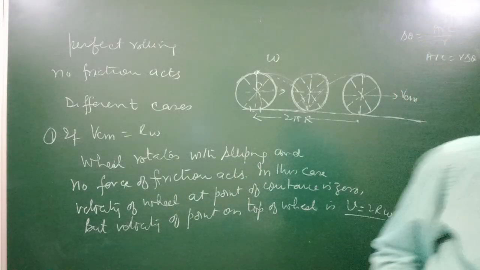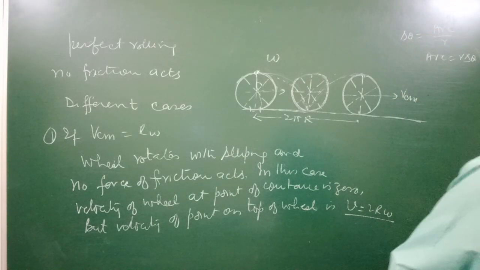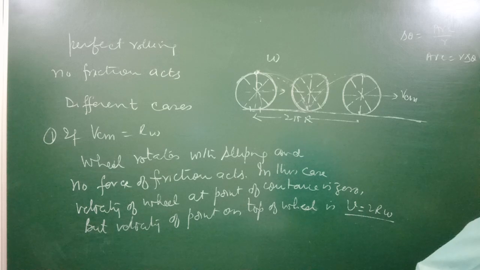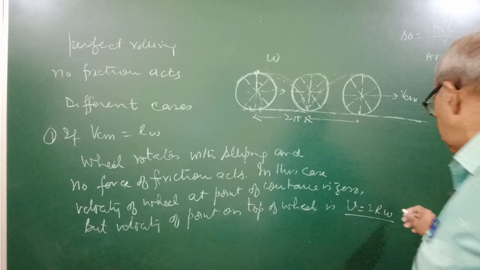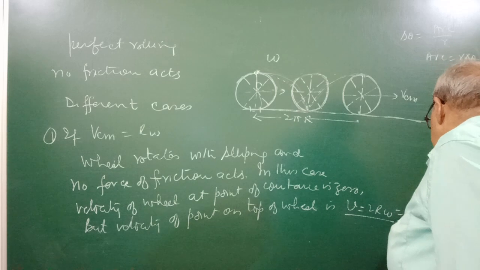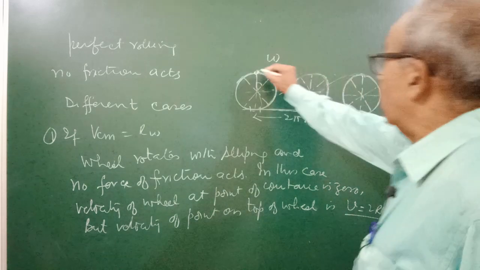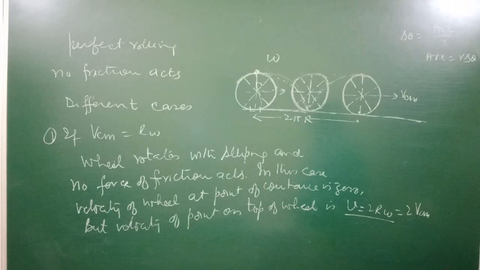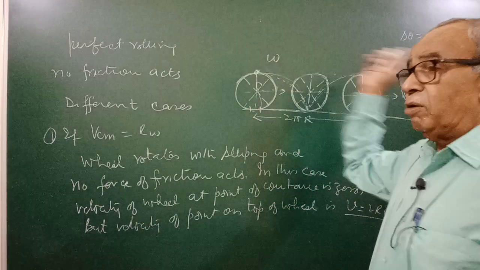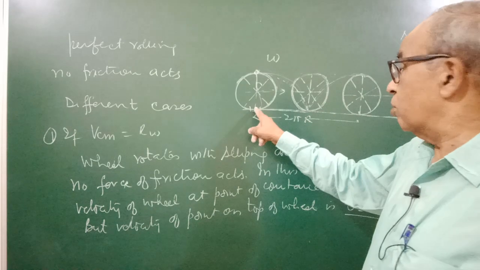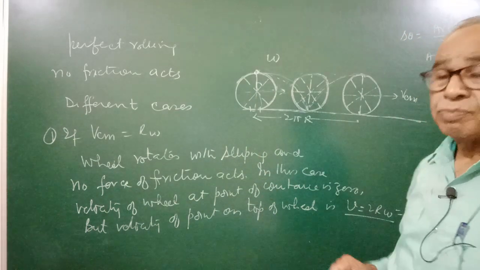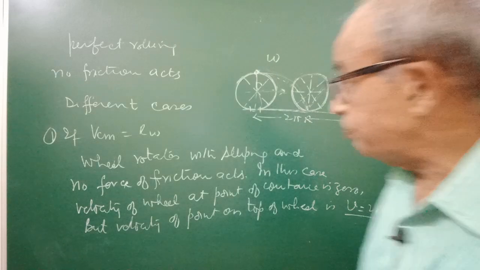No force of friction acts here. Wheel rotates without friction. And it is equal to twice vcm. The point on the top here, the velocity of that point will be twice vcm, while at bottom it is 0. Here it is vcm.